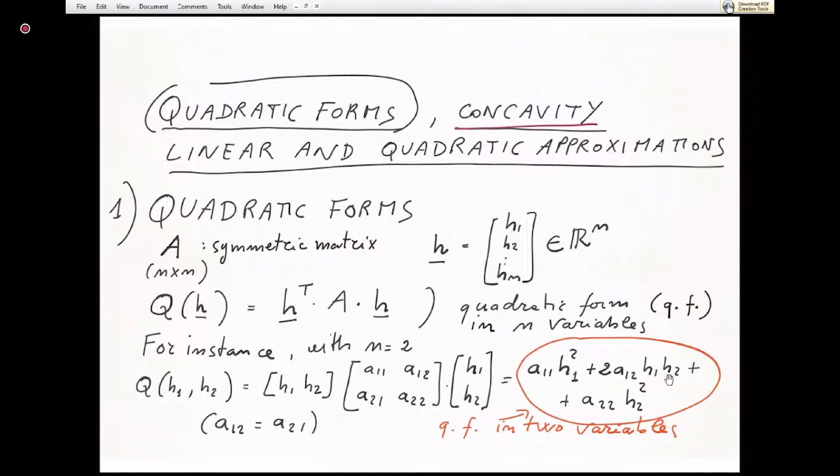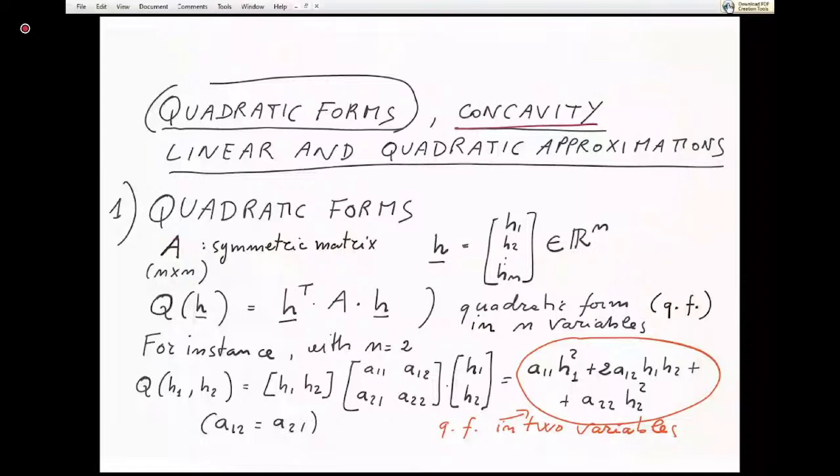I consider only H1 and H2 positive or negative because if I select both H1 and H2 equal to 0, what happens to this quantity? If H1 and H2 are 0, 0, the result is 0. So a quadratic form computed at the point 0, 0 is always 0.